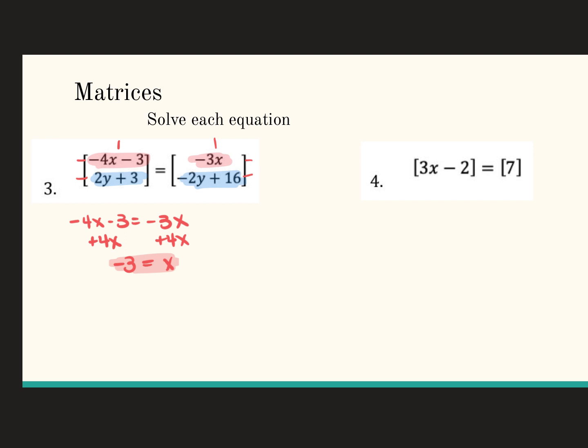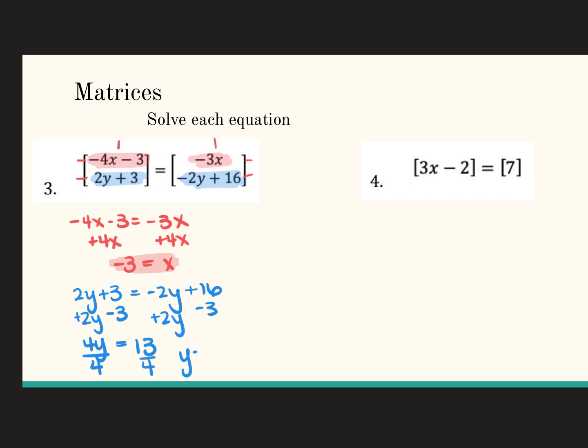So I have 2y plus 3 equals negative 2y plus 16. Everything with a y to one side, everything without to the other. Now we divide by 4, divide by 4. So y is going to equal 13/4.